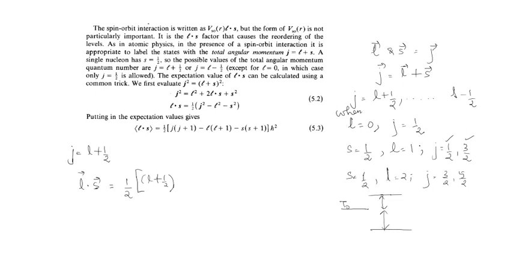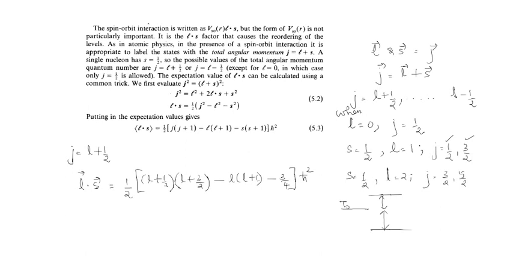J plus 1 would be L plus 3 by 2, minus L into L plus 1, minus S into S plus 1, which is half into half plus 1, that gives me 3 by 4. This much ħ square. This is my L dot S.